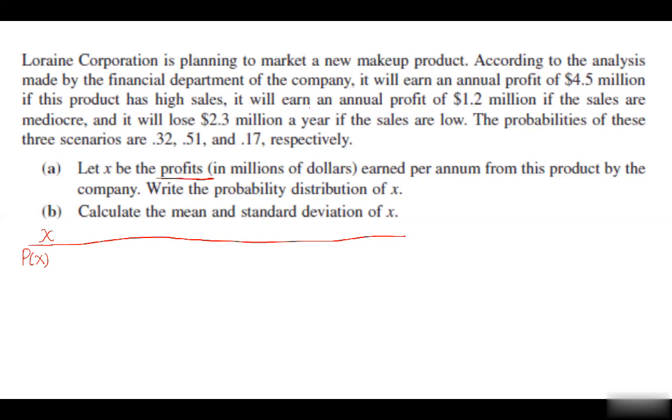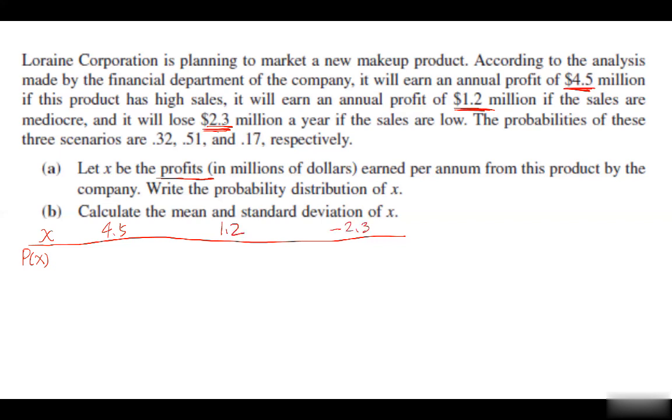According to the information given, the values of X can be 1.2 million, and lose 2.3, which means the profit is minus 2.3, and also it can be 4.5. So all the possible values that X can be are 4.5, 1.2, and minus 2.3.